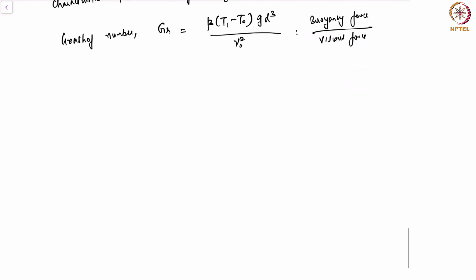Okay, so let's write down the non-dimensional equations in a more compact form.